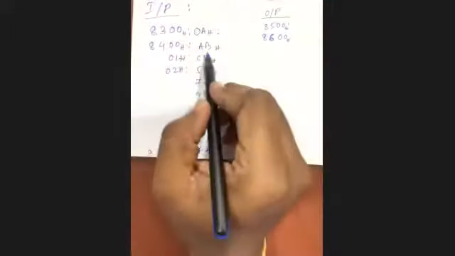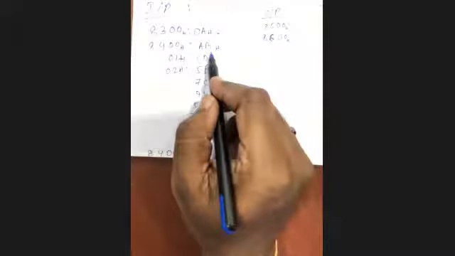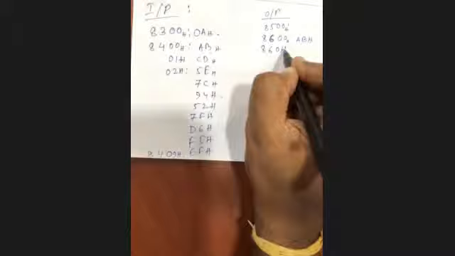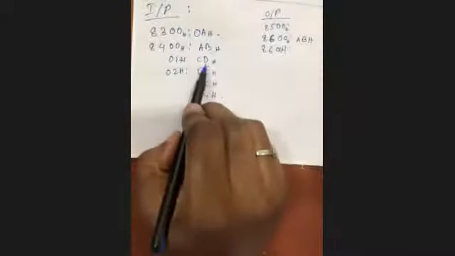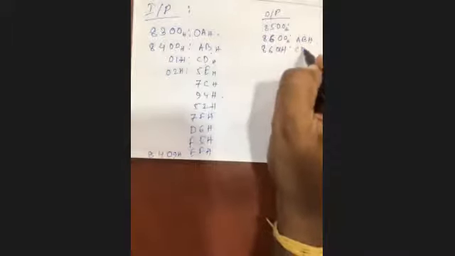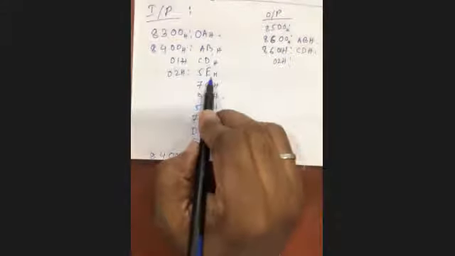Next, how many numbers are odd from this? B means 11. 11 means odd or even? Odd. So ABH. Next 8601. D means 13. So it's another odd number, CDH. 5E: E means 14.